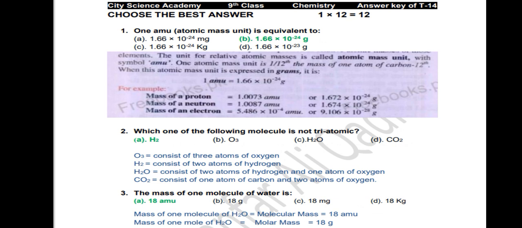You have to remember there is a difference between the molecular mass of one molecule and the mass of one mole. One mole means the mass will be expressed in grams. If we express the mass in atomic mass unit, AMU, then it is the mass of one molecule. So option A will be correct.